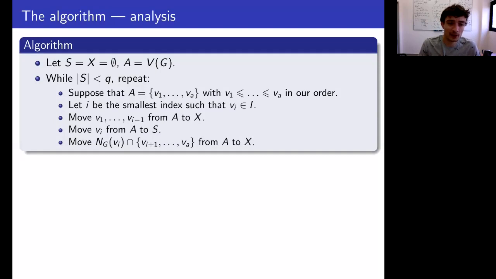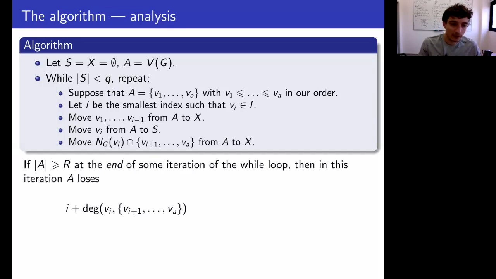So to see this, let's analyze how many vertices are removed from A at every step of the while loop. Suppose that after some iteration of the while loop, the set A of available vertices still has more than R elements. If it has fewer than R, then we've already reached our goal.